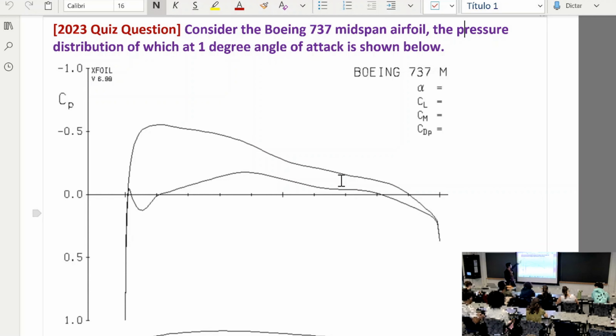And what does CP mean? CP is the pressure coefficient. The definition is pressure minus P infinity divided by half rho U squared. But the easier way to remember this is that it is non-dimensionalized in a way that at free stream, this is 0. At the stagnation point, which means when the velocity slows down to 0, it is 1.